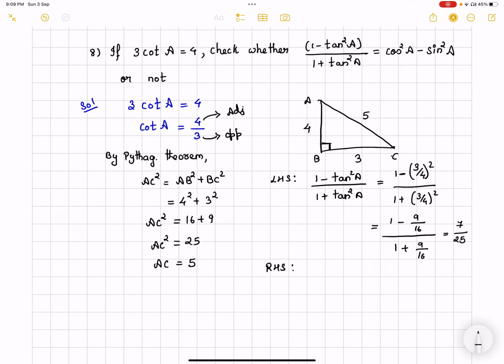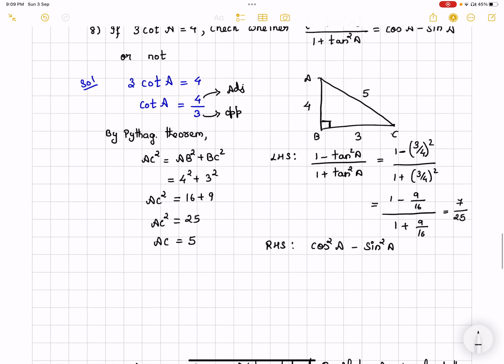The right hand side is given as cos square A minus sin square A. So cos A is nothing but adjacent by hypotenuse, so we have 4 by 5 the whole square, minus sin A, which is opposite by hypotenuse, so it's going to be 3 by 5 the whole square, which is 16 by 25 minus 9 by 25. Again, 16 minus 9 is going to be 7 divided by 25.